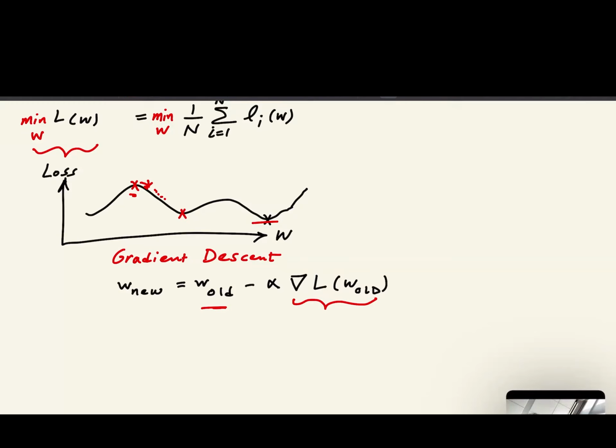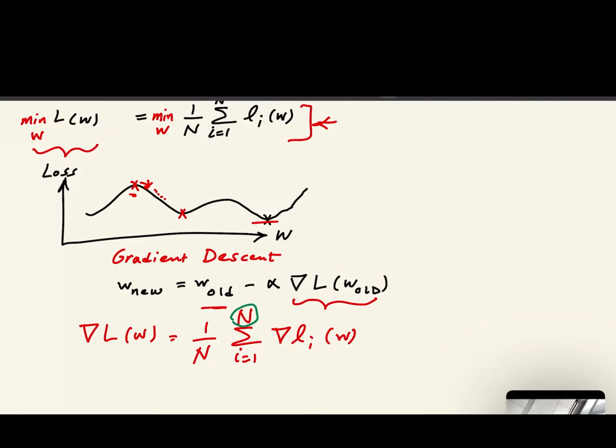And as we know, the gradient can be computed from this loss function by looking at the average gradient per example. So we need to compute this for all of these examples that we have in the data. What's the issue here? The issue is we can have a very large data set. In modern data sets, like I said, we have millions to billions of examples.